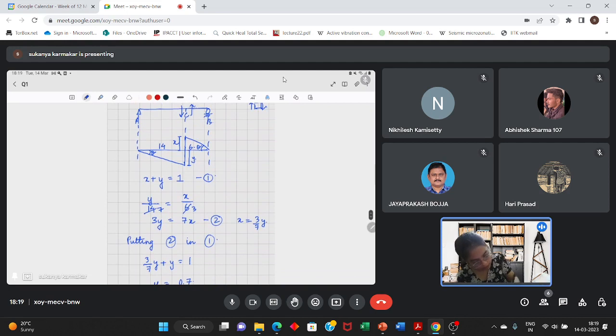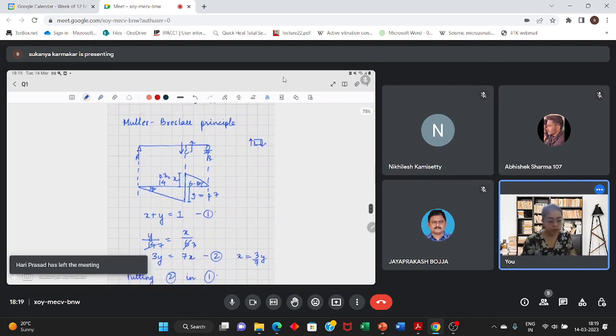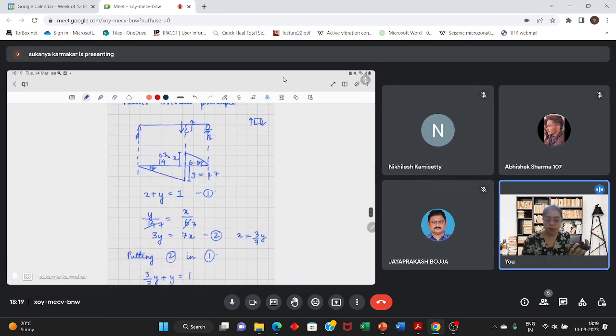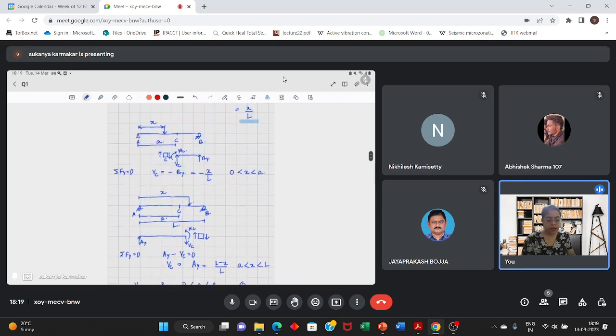So this is equal to 0.7 and this is equal to 0.3. So using the Mueller-Breslau principle also, the ILD can be constructed and the values can be calculated. So the ILD is constructed.